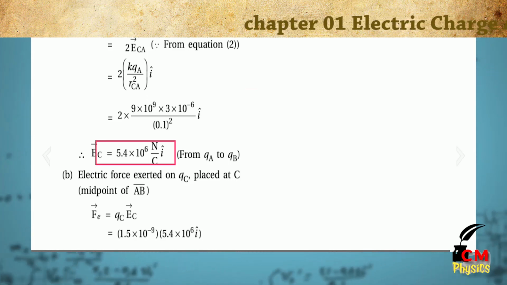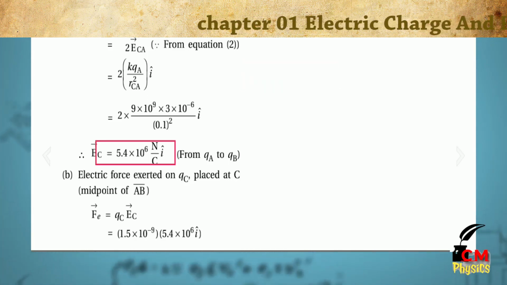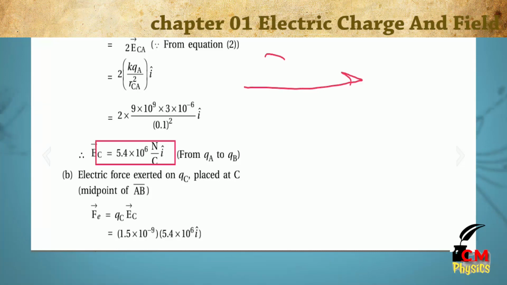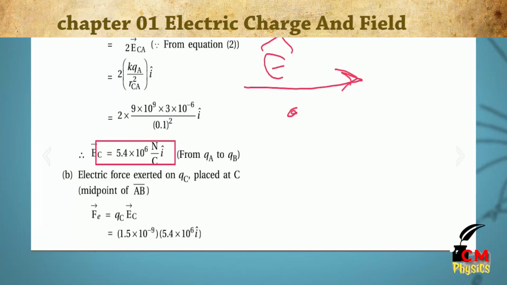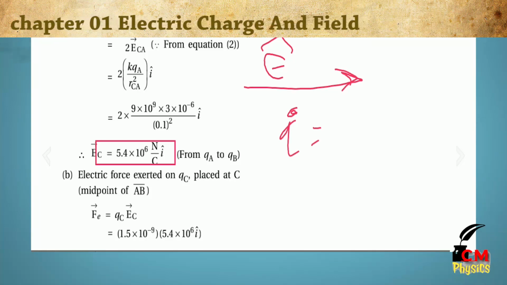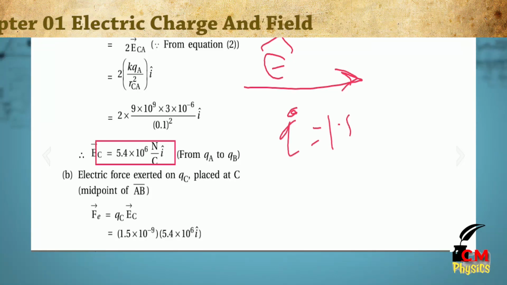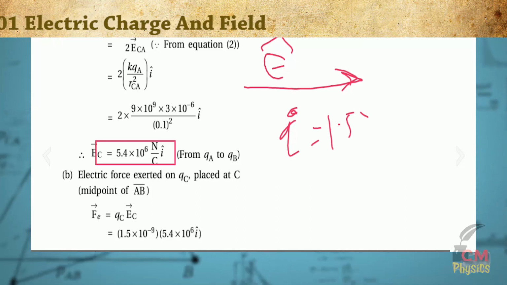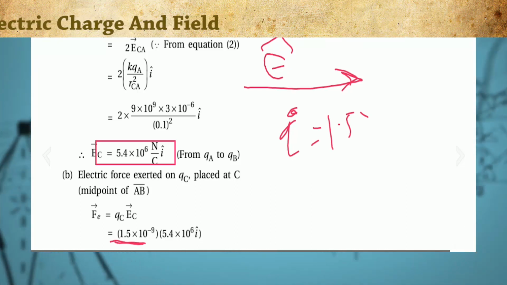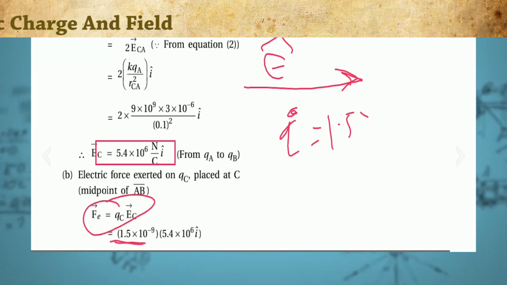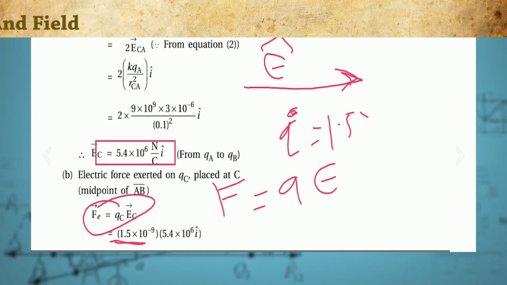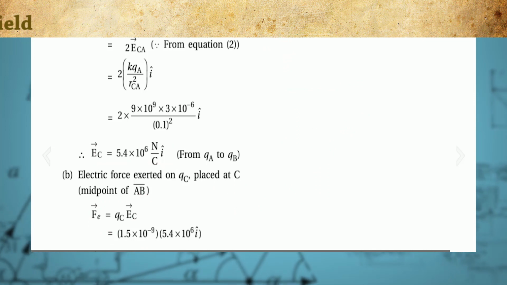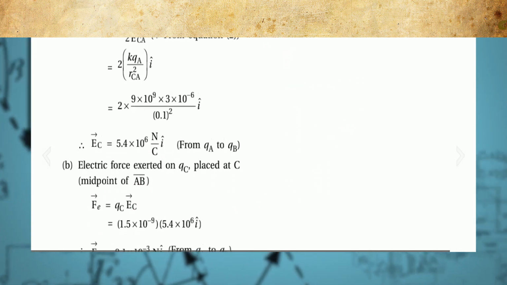In the x-axis direction, the value of electric field E vector in the x-axis direction, you are putting the testing charge Q, and the value of the charge is 1.5 into 10 raised to minus 9. Therefore the force experienced is F equals Q into E. After calculation you get the answer.